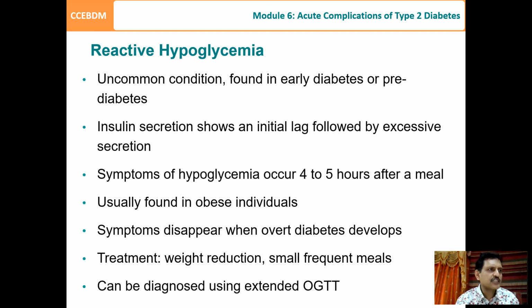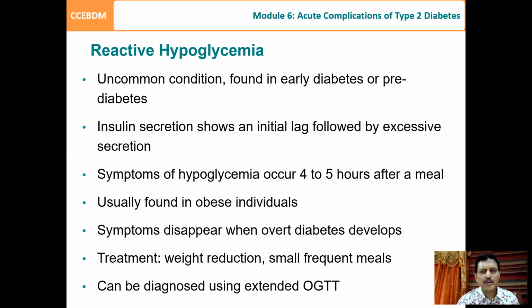Another issue is reactive hypoglycemia, which is found among patients who have early diabetes or pre-diabetes, because insulin secretion is delayed during the early diabetic and pre-diabetic state. So the symptoms of hypoglycemia develop 4 to 5 hours after the meal, and it is usually found in obese individuals.